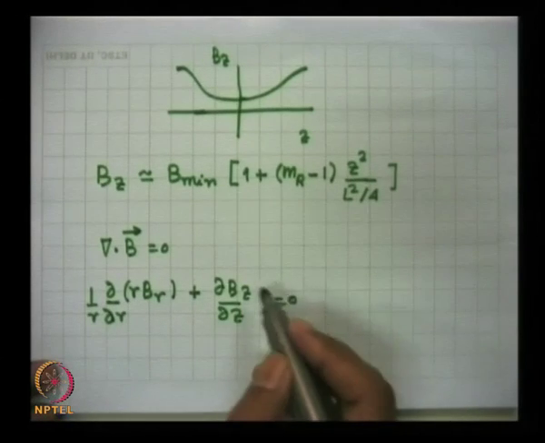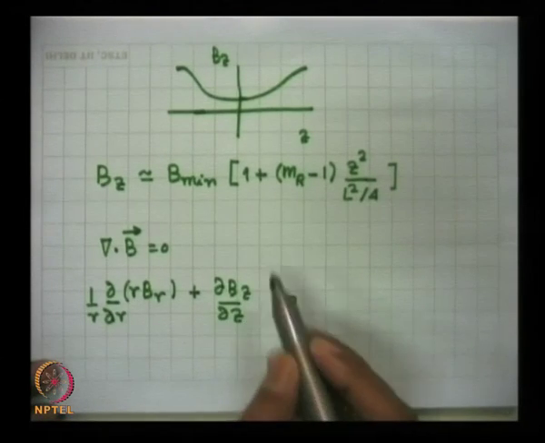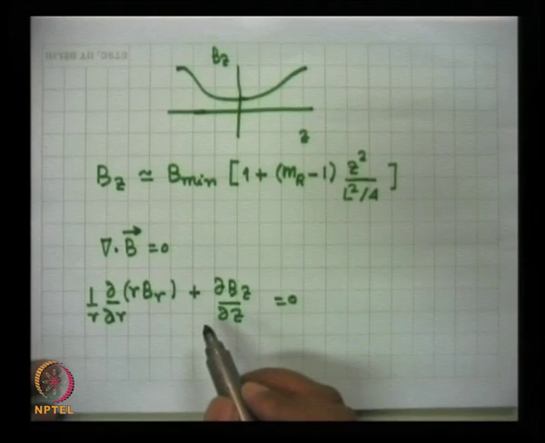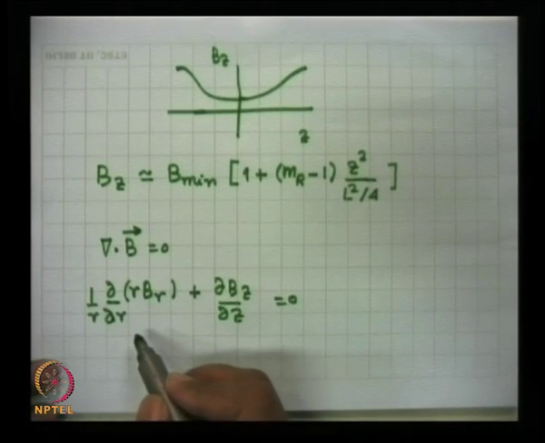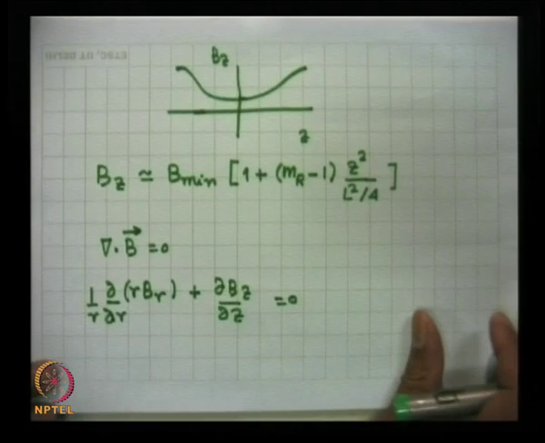So, if del Bz by del z is finite, because Bz is a function of z, this term must also be finite, meaning Br must exist, that is important.